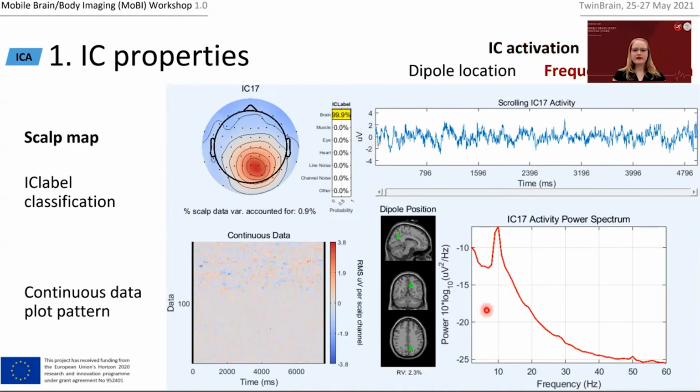Below that, we have the frequency spectra. Here you can learn a lot about power in different frequency bands, but it's not separated into bands, it's just a continuum. Using the function, you can define which frequency bands you want to see.